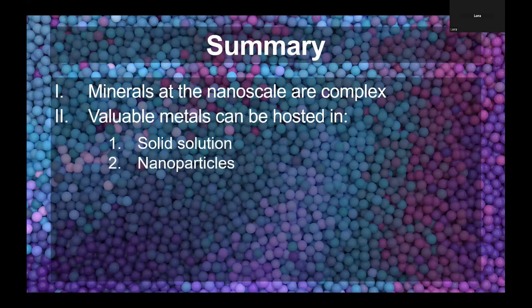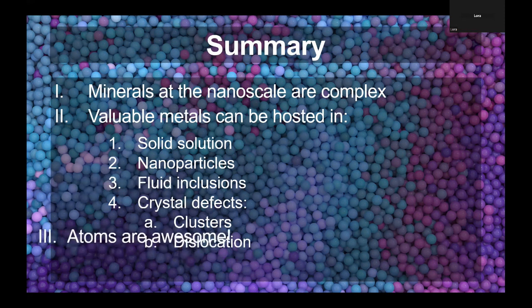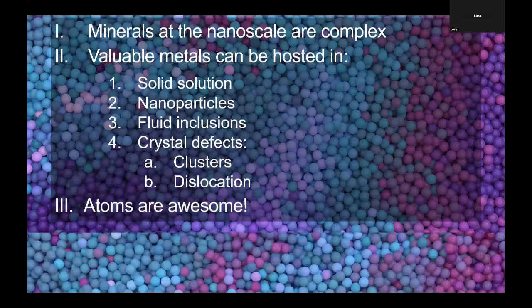We also have nanoparticles. We have fluid inclusions, which are rich in some of these critical elements. And we have crystal defects, whether they are clusters or dislocations. I don't think anyone will contradict me on that one. Atoms are awesome. I think that's a given, right?